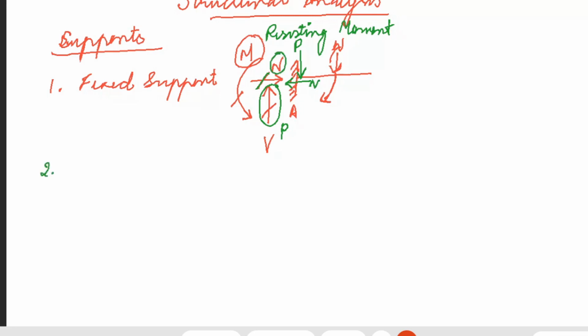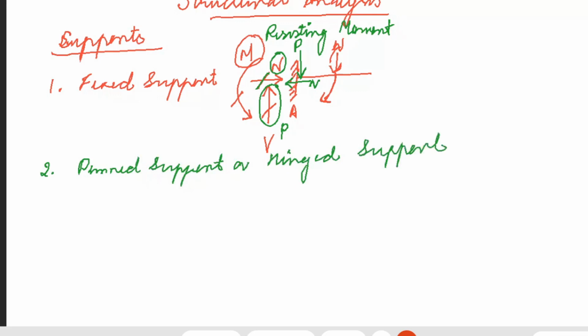Then we will be dealing with pinned supports or hinged supports. Now, what does this pin support or hinge support mean? We show a pin support like this. How is it different from fixed support?